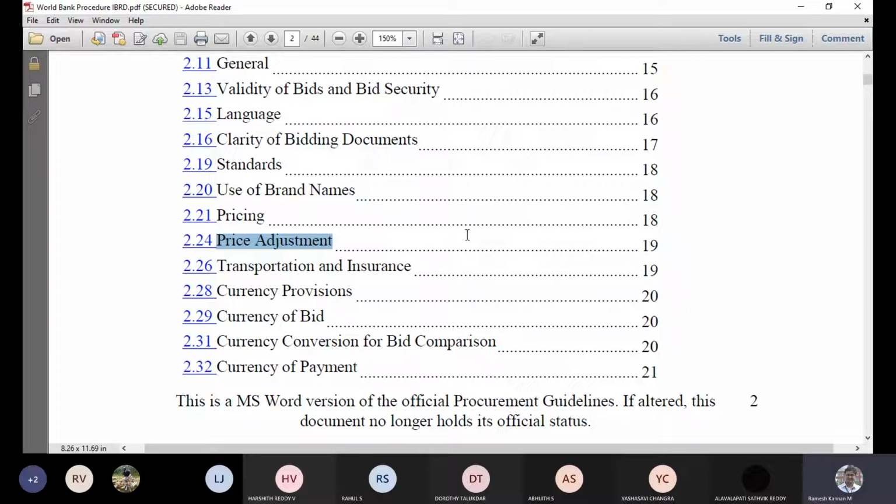Then currency provision. Generally, people can choose different currencies also. They say a maximum of 3 currencies. For example, native currency. Say if an Indian company quotes for an international project, they can quote in Indian rupees with reference to United States dollar or euro, predominantly. These 3 currencies can be given for the evaluation.